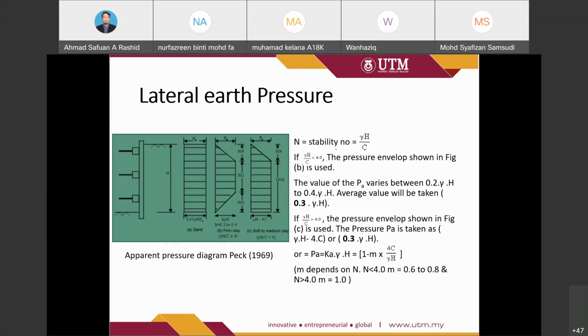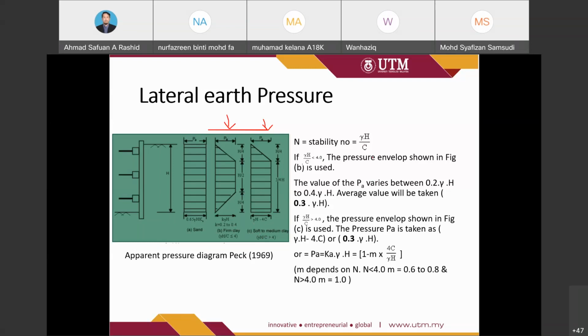If it is less than 4, we can call it a firm clay, so the diagram that we should use is the diagram in figure B. If it is greater than 4.0, the pressure envelope is shown in figure C. So we may use the formula or the diagram in figure C. Figure C is considered for the soft to medium clay, while figure B refers to the firm clay.